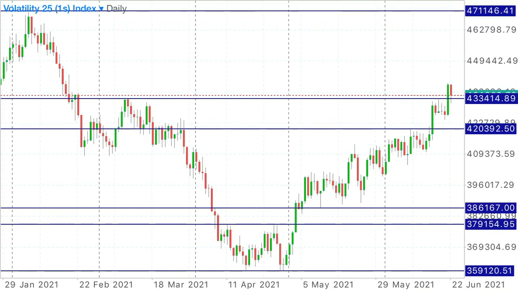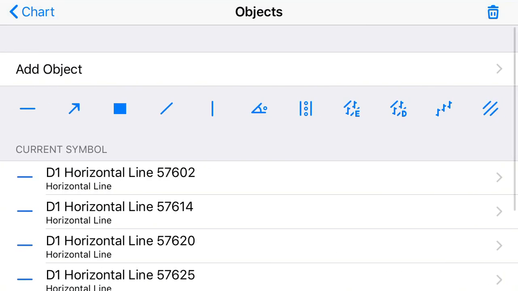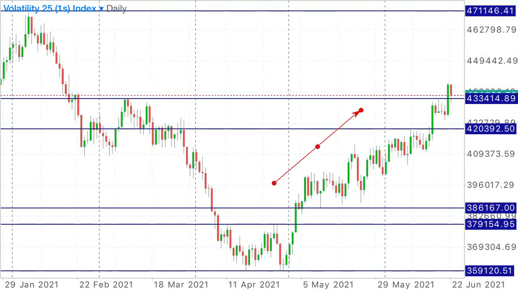Okay, now on the 1 day time frame, I'm done identifying all my previous support and resistance. If you can check here, .43341 was our resistance level before.